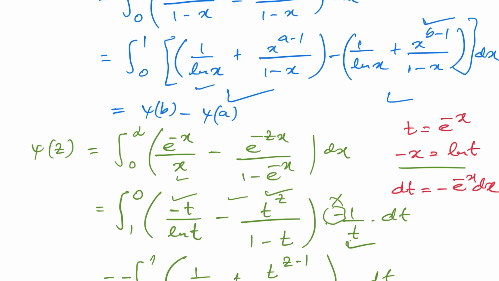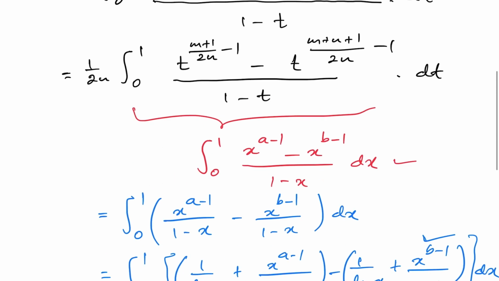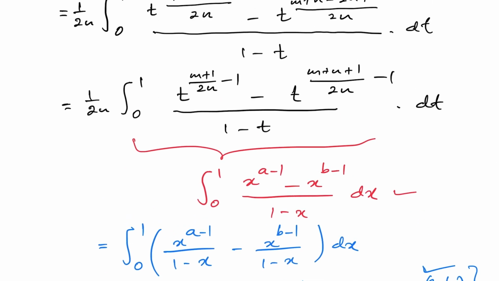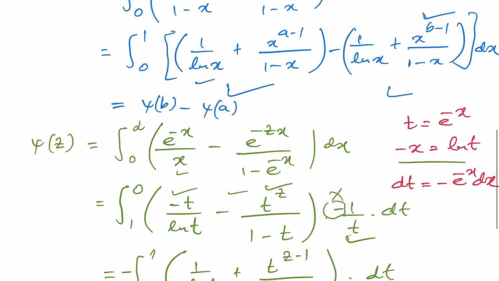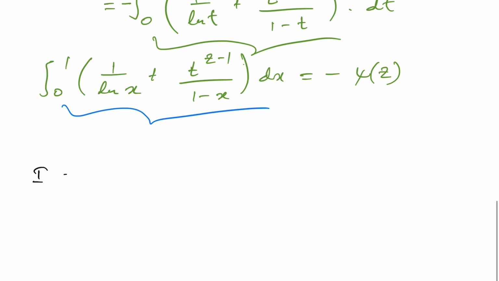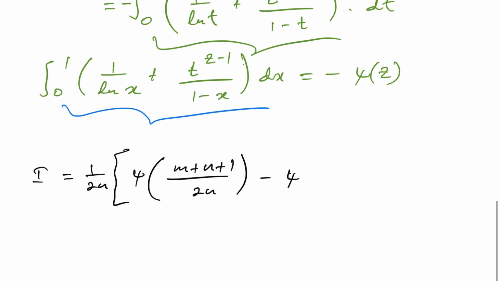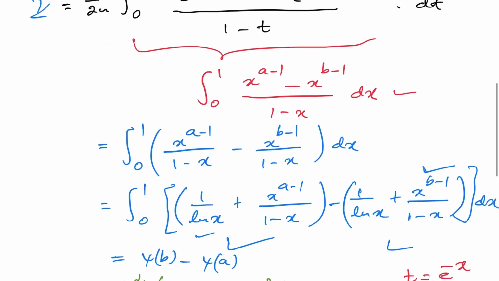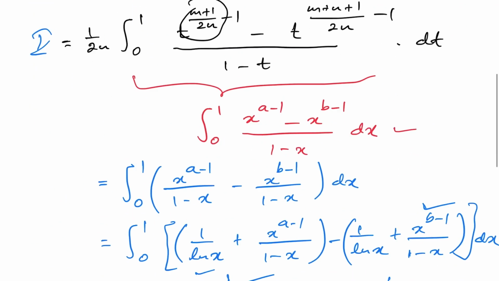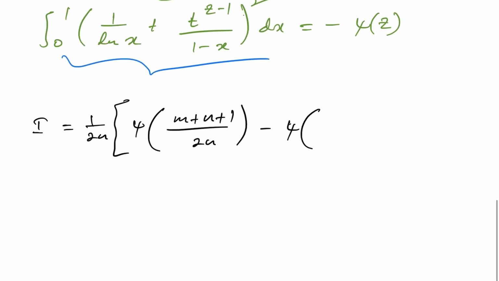So first digamma of b minus digamma of a. Therefore our integral I is equal to 1 over 2n times digamma of m plus n plus 1 over 2n minus digamma of m plus 1 over 2n.